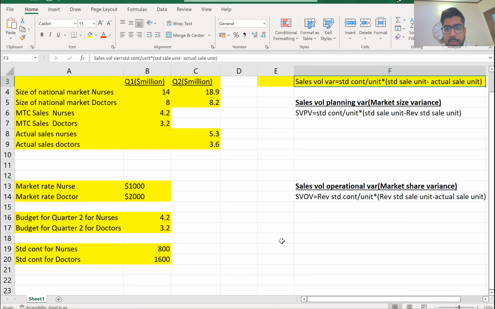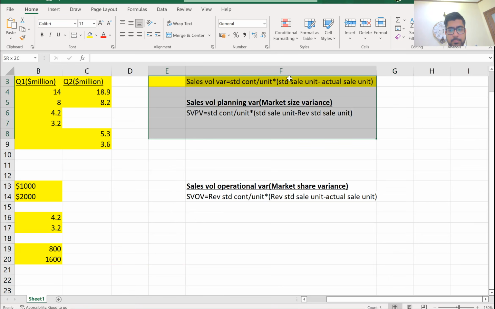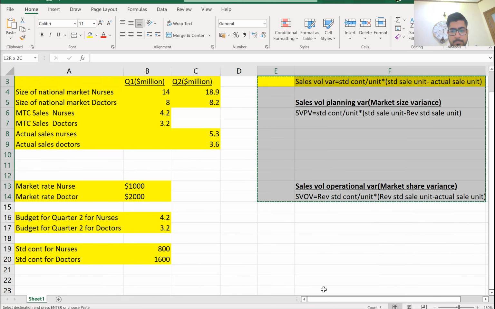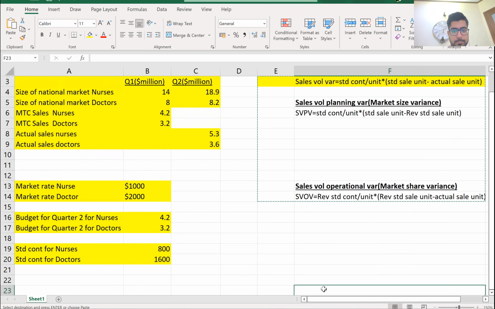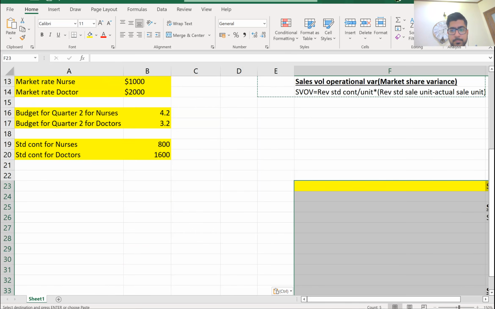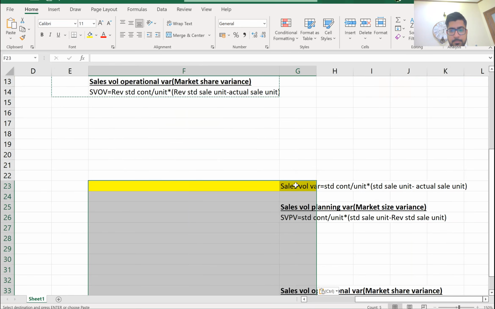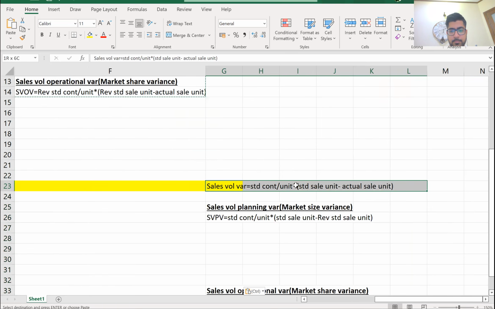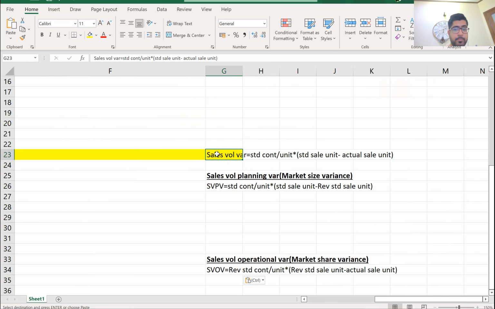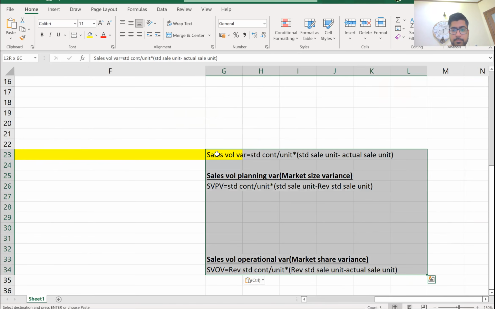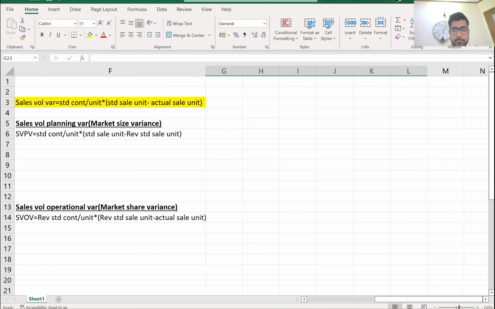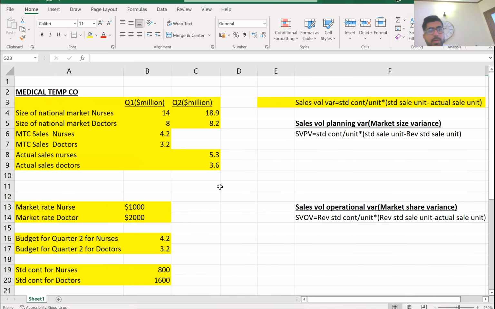Now, in order to start anything regarding market size and market share variance for Q2, it is important to have data.